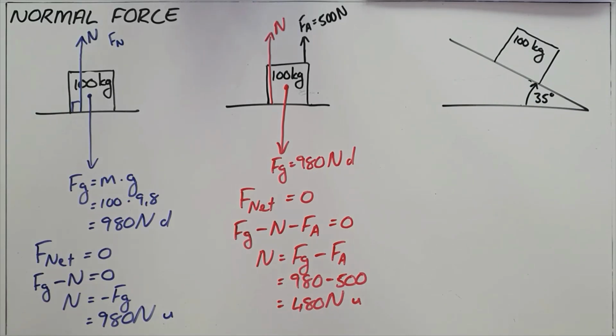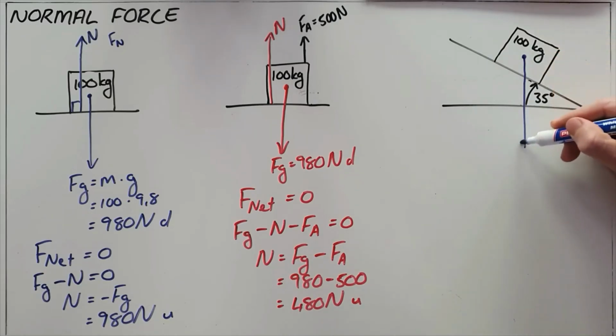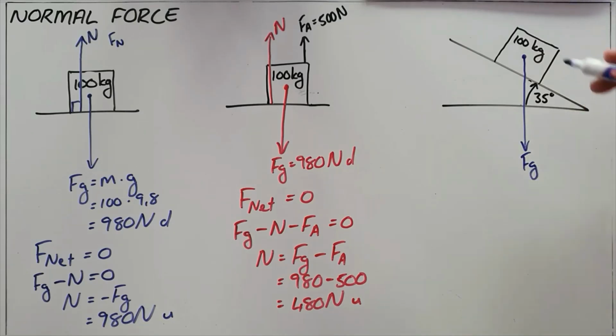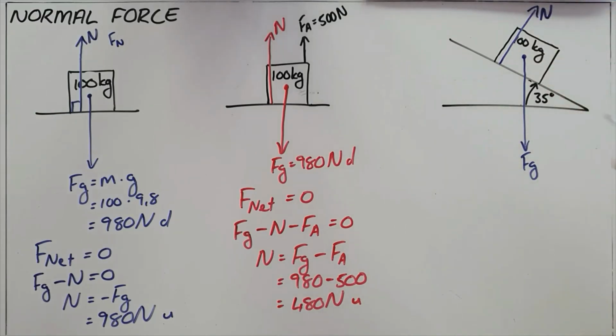The final example is of an object that is on an inclined plane. That becomes slightly more complicated because in this case the gravitational force is not equal but opposite to the normal force, because as we can see, the gravitational force acts vertically downwards, whereas the normal force is acting perpendicular to the surface, by definition.